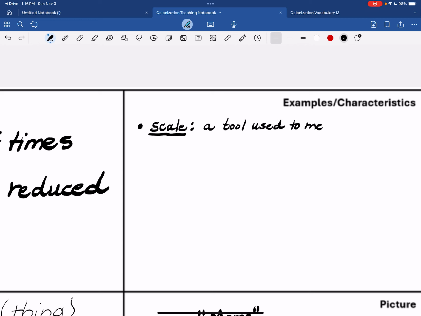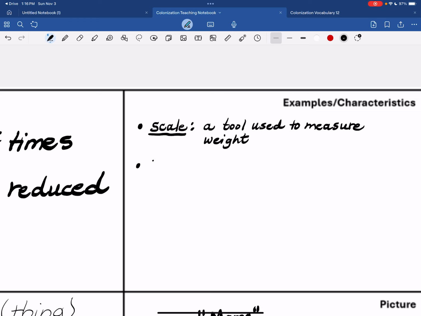If you bring a letter to the post office, they might put it on a scale to see how much it weighs to determine how much postage you have to pay. I use a scale in the kitchen to measure ground beef. A pound of ground beef I can measure on a scale.